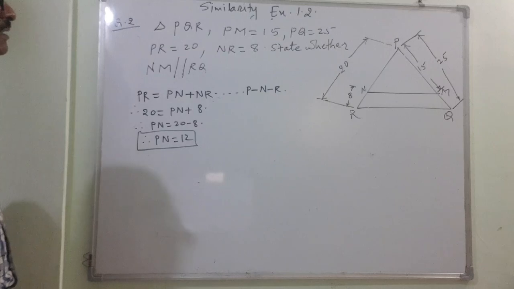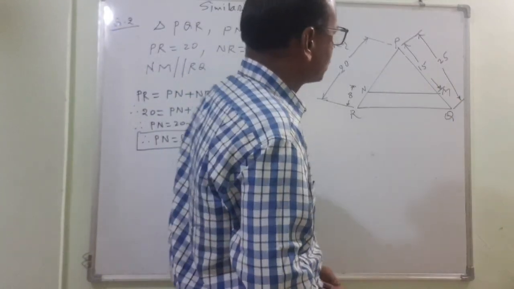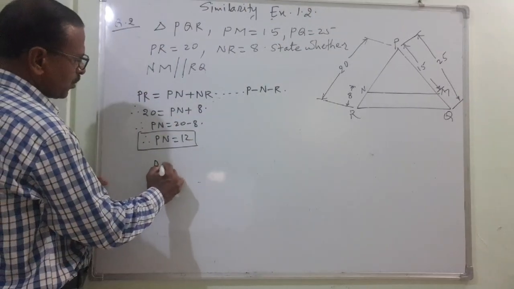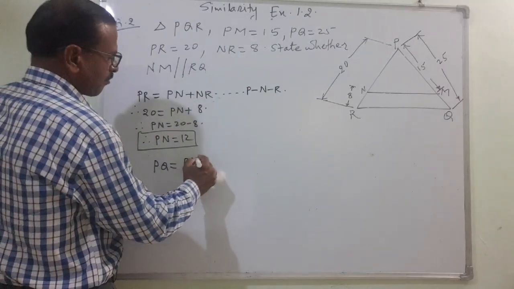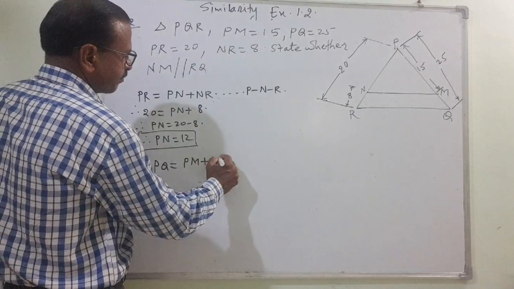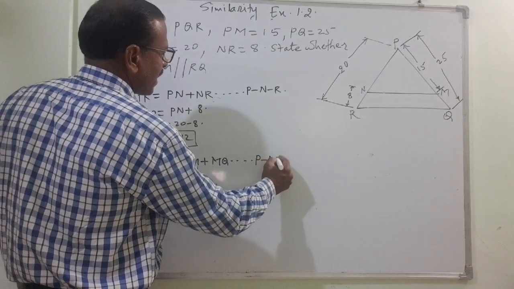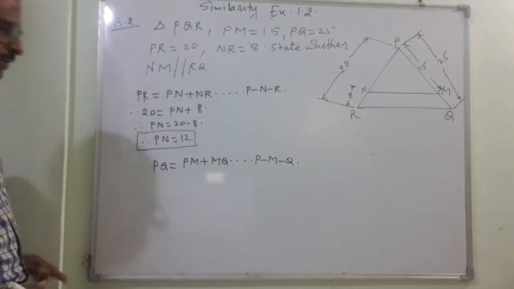Now here also I want MQ. So PQ is equal to PM plus MQ. Reason again I will give: P, M, Q lie on a line. Geometry goes on reasoning.